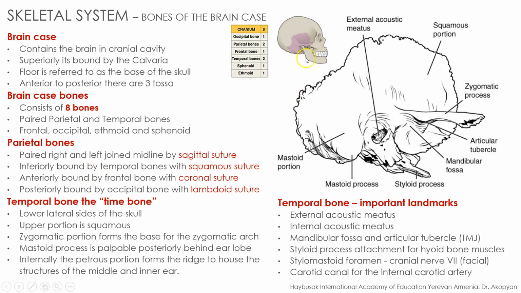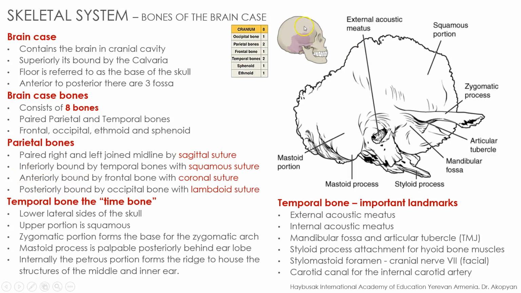The parietal bones are a pair of bones that form the superior aspect of the cranium. Midline, they articulate with each other via the sagittal suture. Inferiorly, they're bound by the temporal bone at the squamous portion and the sphenoid bone through the squamous suture.